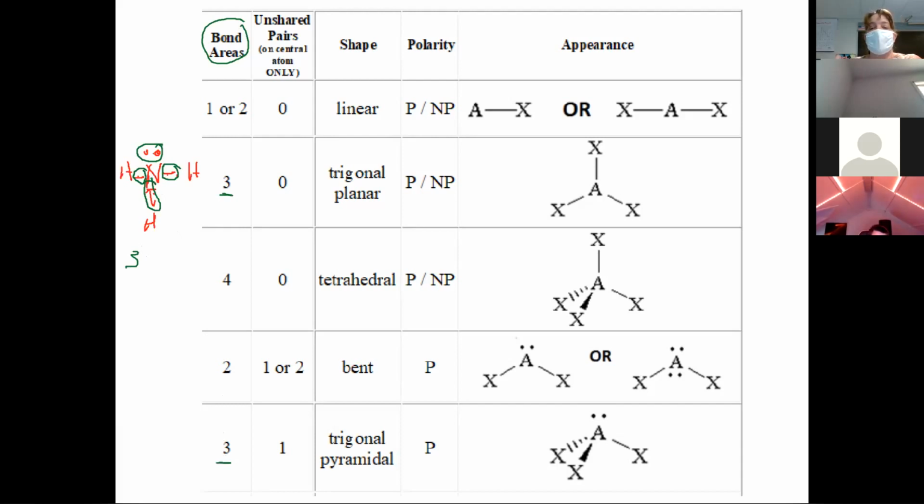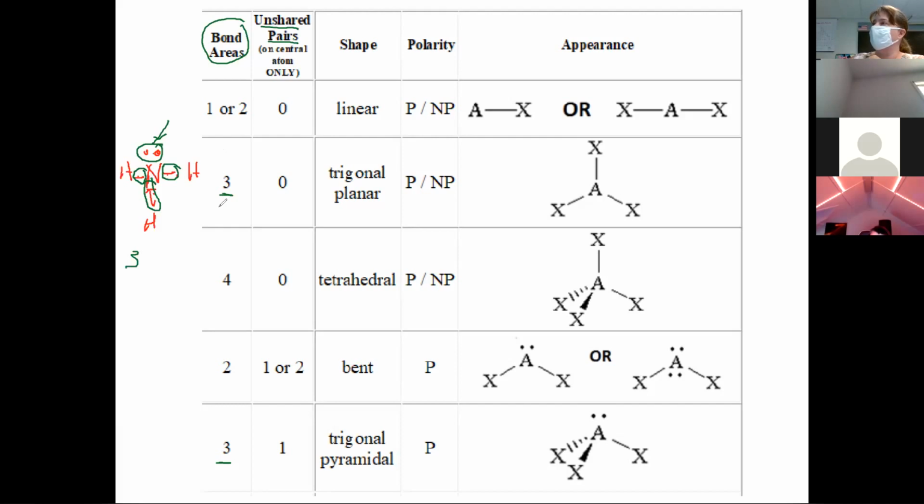Because there are 2 groups that have 3s, we now need to look at the next column. In the next column, we are looking to see if there are any extra dots that aren't paired up. These dots were part of a bond, so we can't count those. But look, here we have dots that aren't connected to anything, electrons that aren't bonded.